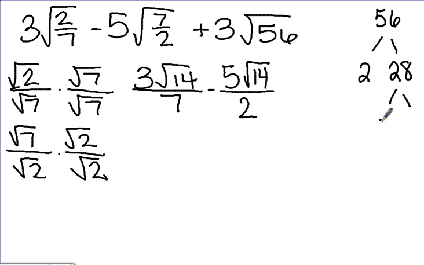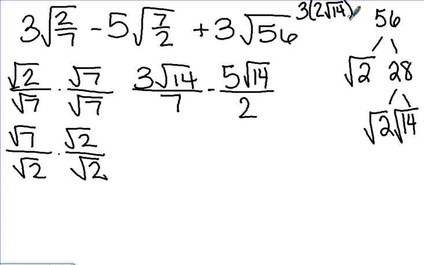I'm going to break 28 down to 2 and 14. So I got the square root of 2, square root of 2, and the square root of 14. Well, the square root of 2 times the square root of 2 is the square root of 4. And the square root of 4 is 2. So this becomes 3 times 2 square roots of 14, which is 6 root 14. For the sake of having all fractions, I'm going to put it over 1.